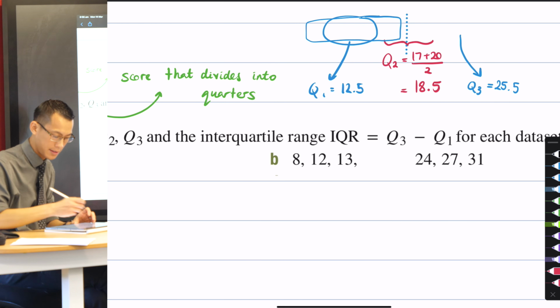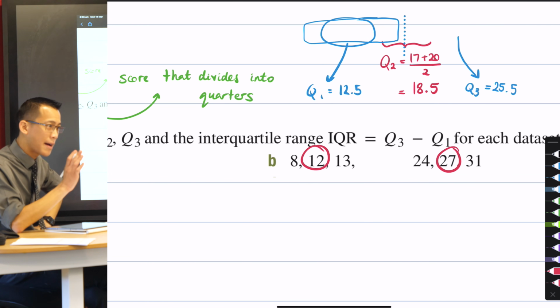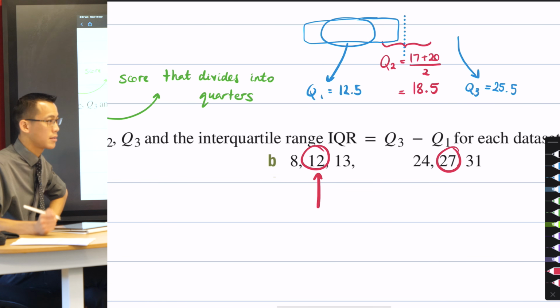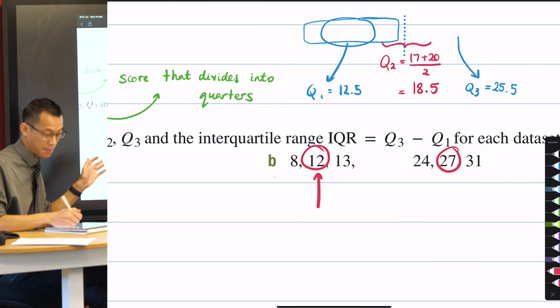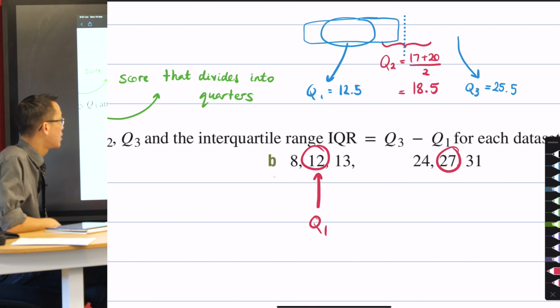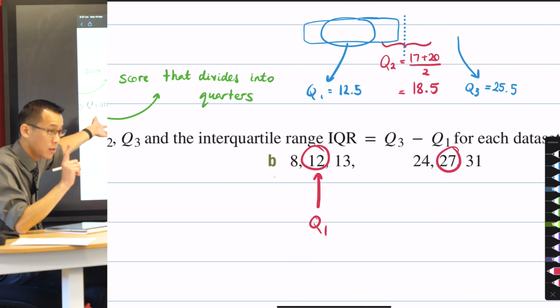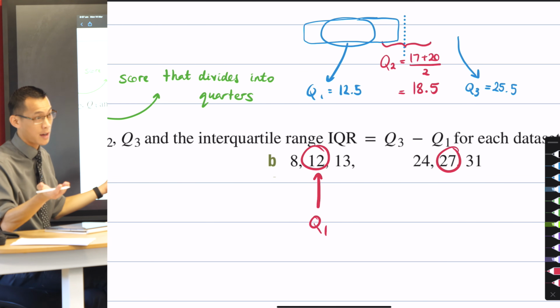So if I say 12, 27, now think about what this means. If I say this is a quartile, Q1, then to the left of it there should be 1/4 of the data. What's to the left of 12? It's just 8. There's just a single data point. 1 out of 8, that's not 1/4, that's 1/8 of the data, 12.5%.